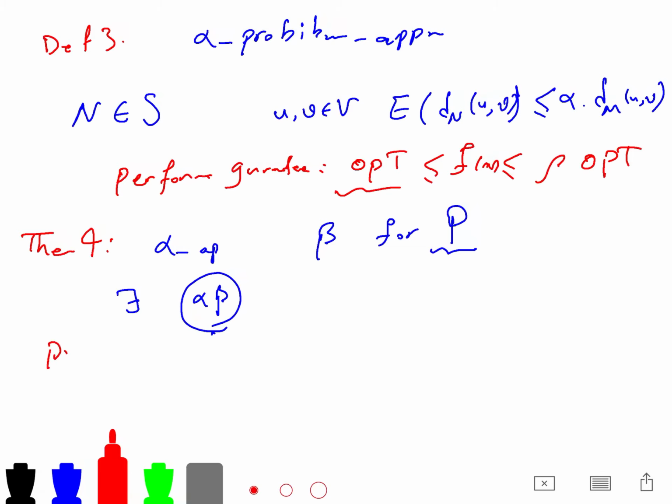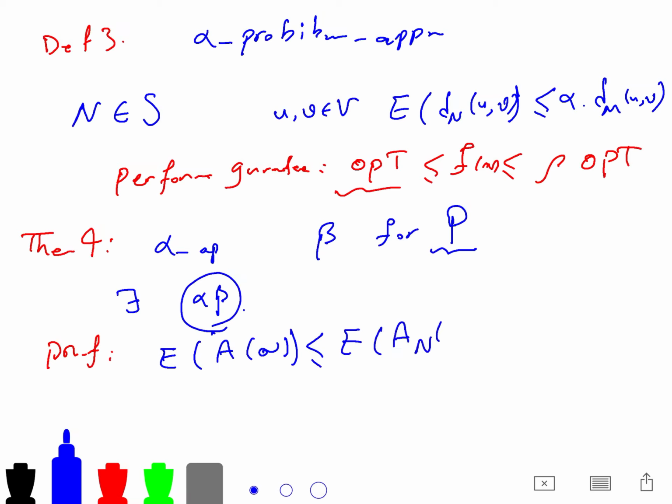The proof is very simple, as you will see reading it in the paper. I write it in just one line: A(sigma) is less than the expectation of A_N(sigma), where we randomly choose a metric space N in S. And this is less than beta times the expectation of B_N(sigma), because we have approximated by beta.